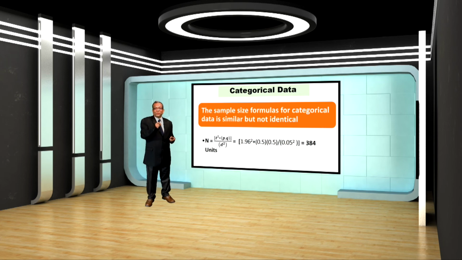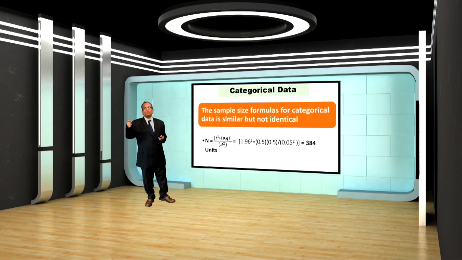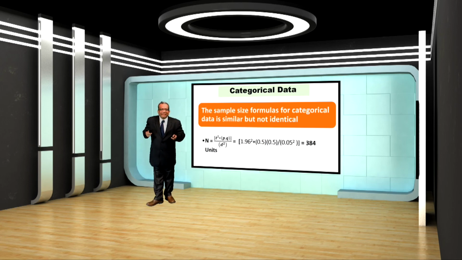We have p and q divided by d squared, that is the error that you have expected, and this is given as 384 units. Thus, in any research where categorical data is very important, the maximum sample size will be 384. And in the case of a continuous variable, you can choose 118.